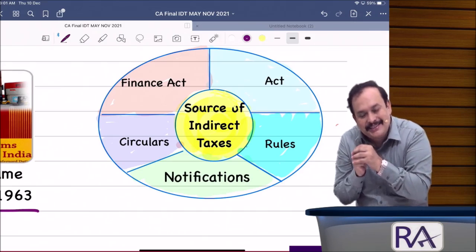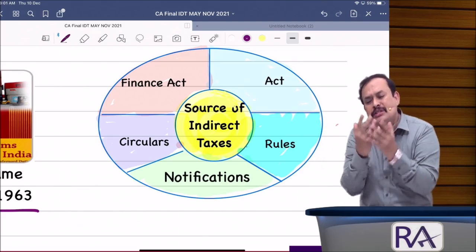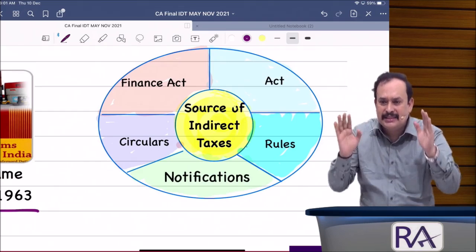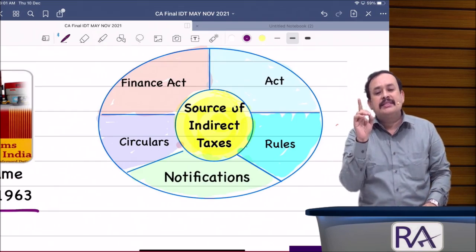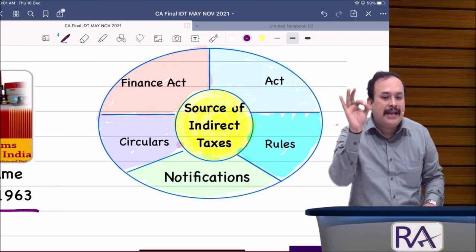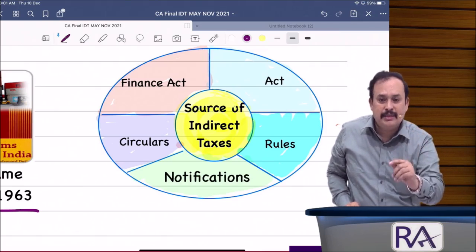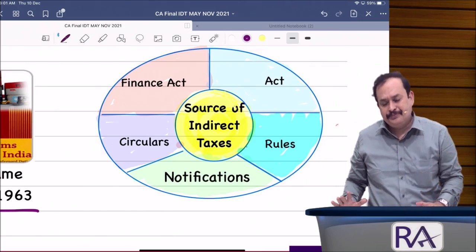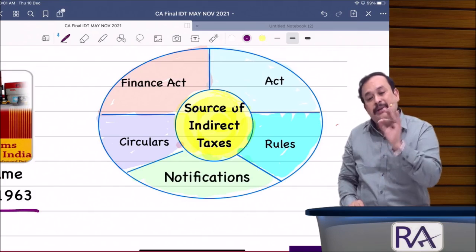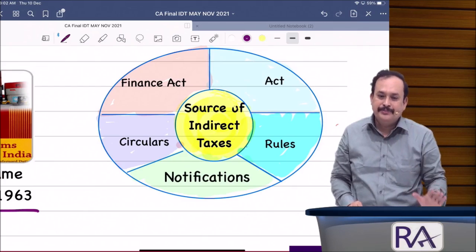So, under the indirect taxes, my dear sir, before starting with the GST, we should know what source we have. First and foremost, one should understand that to levy tax in India, the government should enact an Act, either in Parliament or in the state assembly, as the case may be. Without enacting an Act, tax cannot be levied in India; this is a fundamental constitutional concept of India.